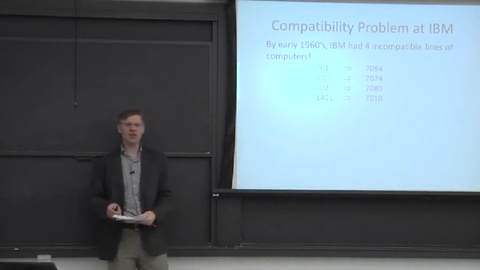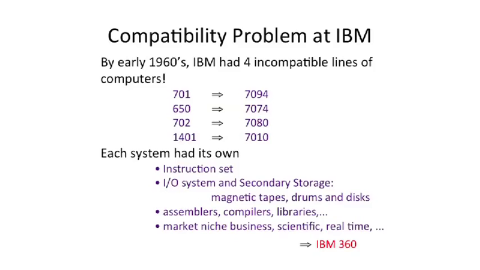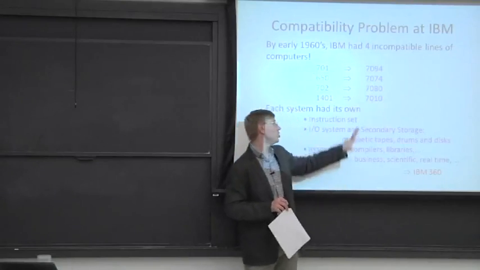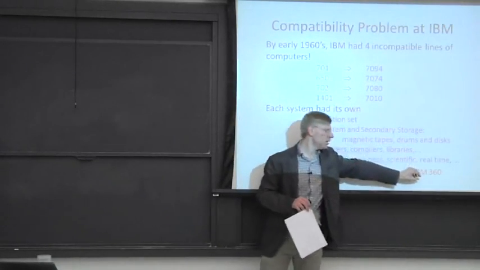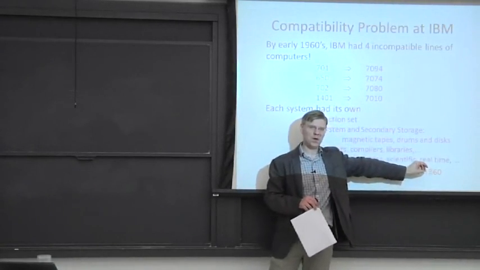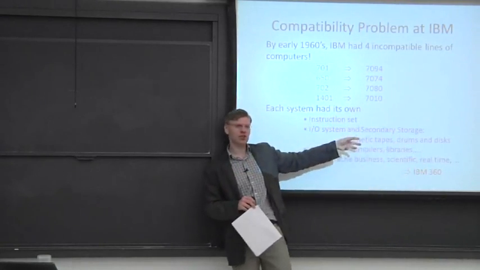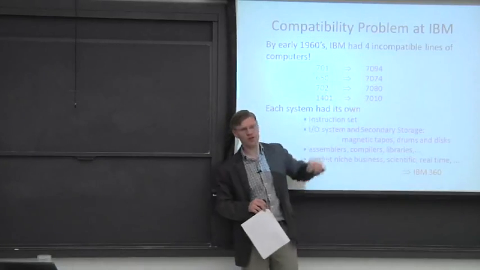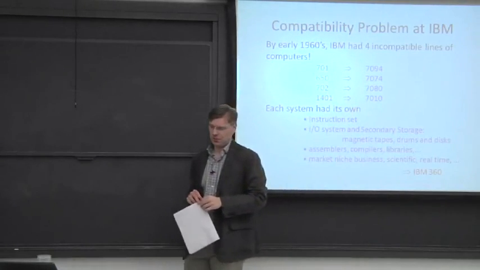So how do they go about solving this? Their solution was they came up with something called the IBM 360. And the IBM 360 was probably the first true instruction set architecture that was implemented to be an instruction set architecture. The idea here was they wanted to unify all of these product lines into one platform, but then implement different versions that were specialized for the different market niches.